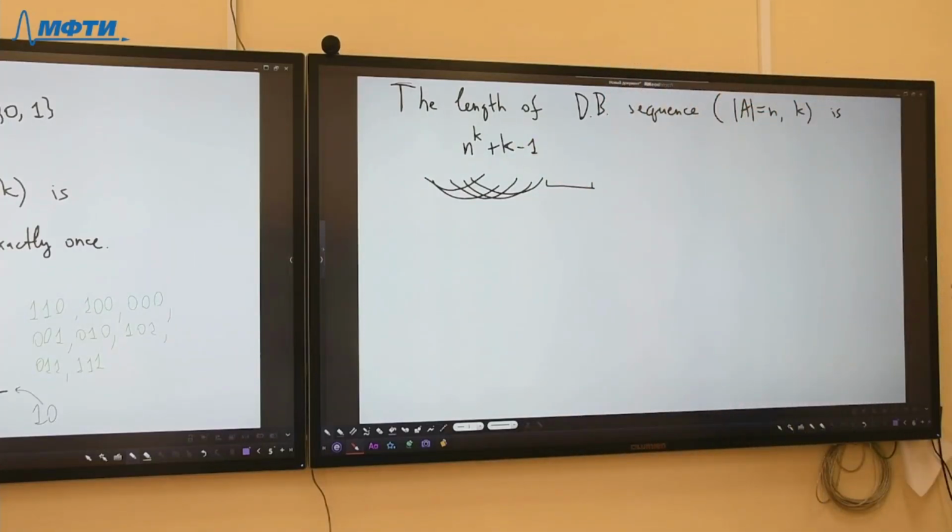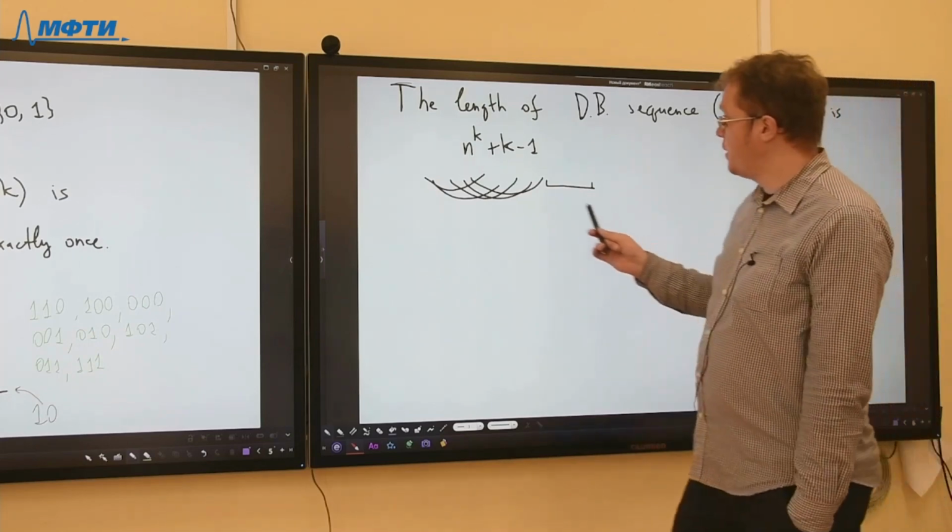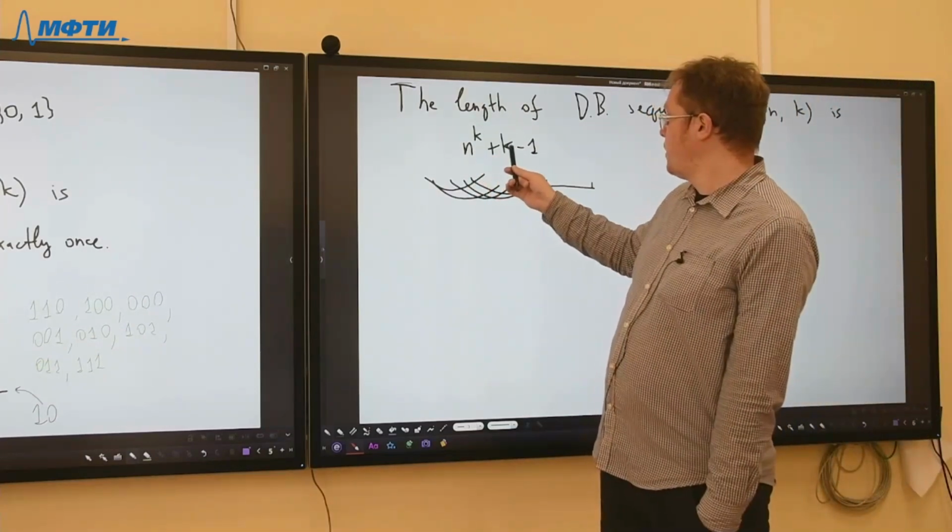So for example, for n equal 2 and k equal 3, we will have exactly 10: 2 to the power 3 is 8, plus 3 minus 1.